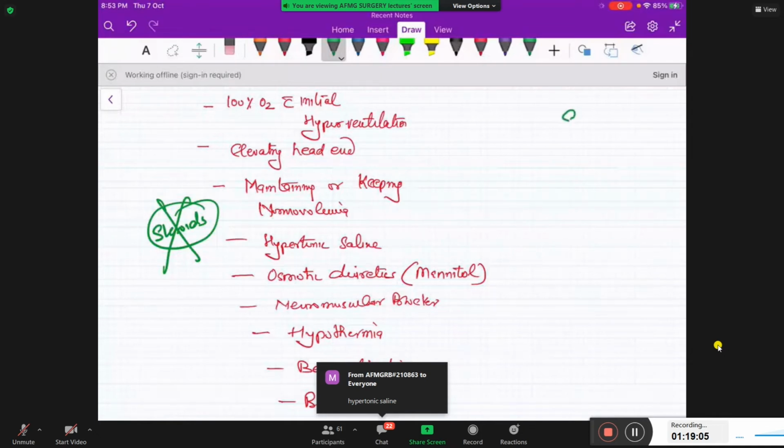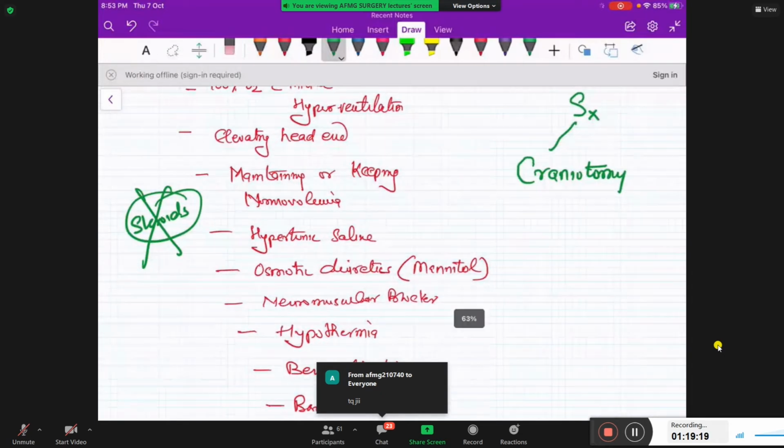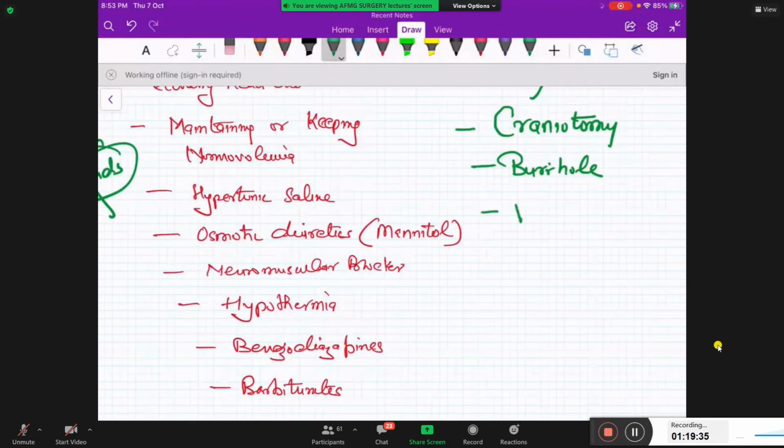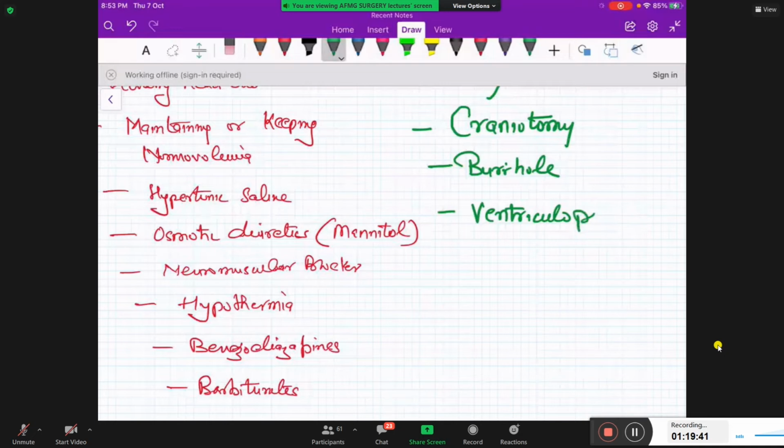What are the surgical ways? The surgical ways are craniotomy, burr hole, ventriculoperitoneal shunting.